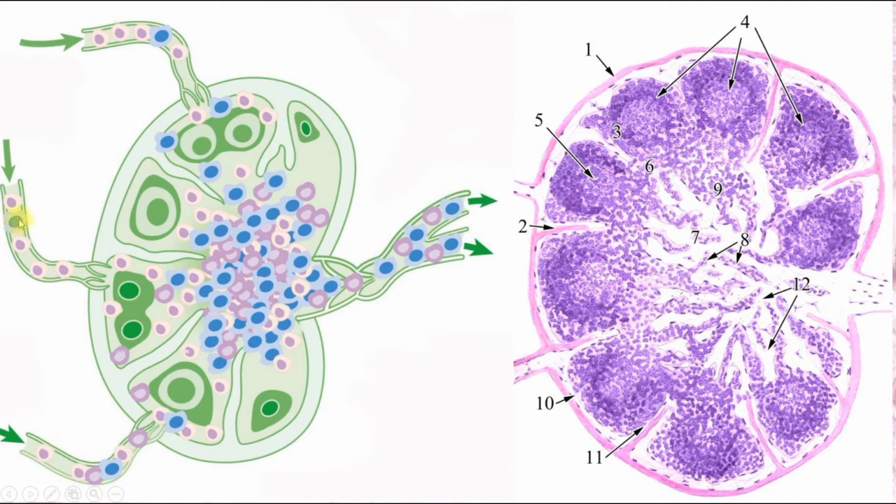They carry different cells, different harmful substances, and the lymph node filtrates all those substances, and then only useful substances exit from the lymph node. Useful cells, immune cells, also exit from the lymph node and go to the bloodstream via efferent lymph vessels.